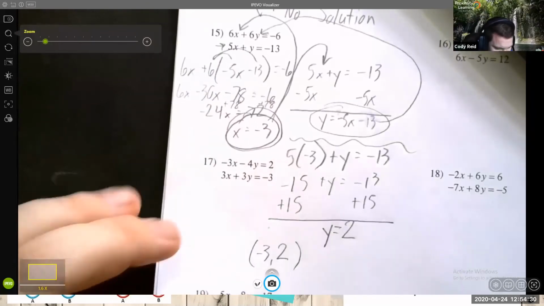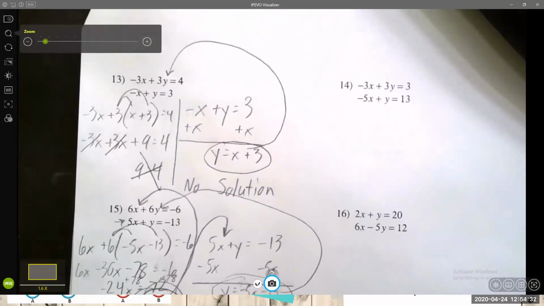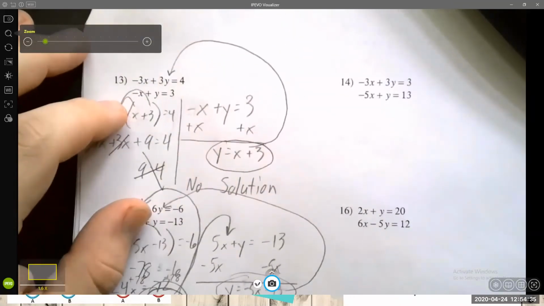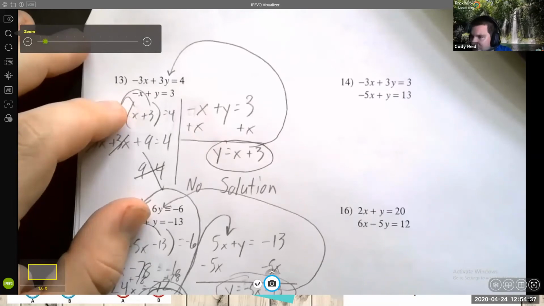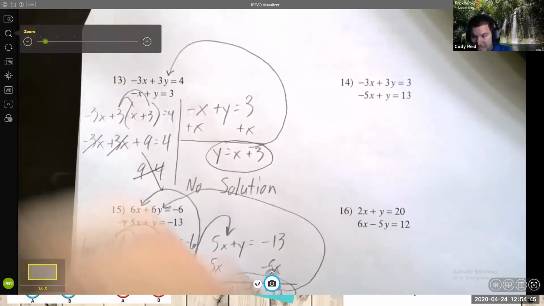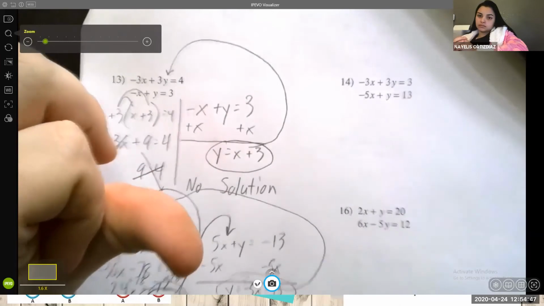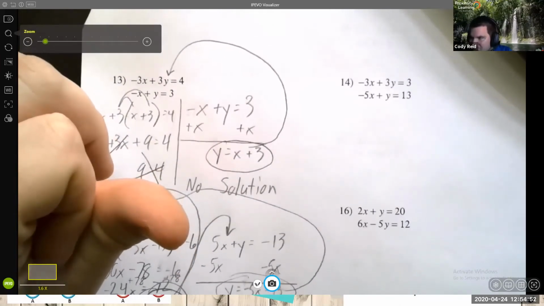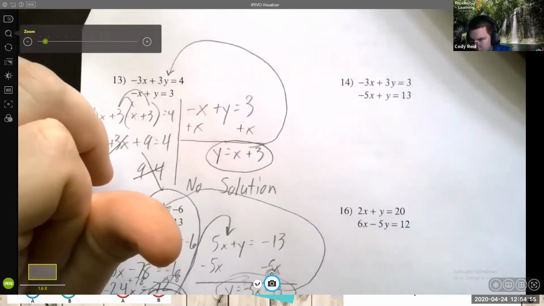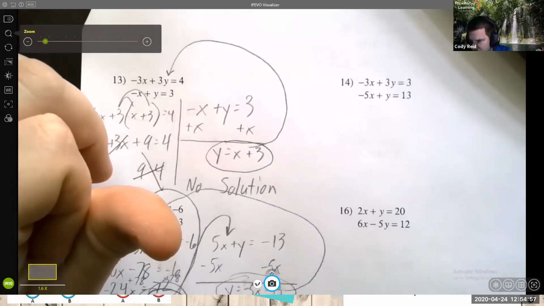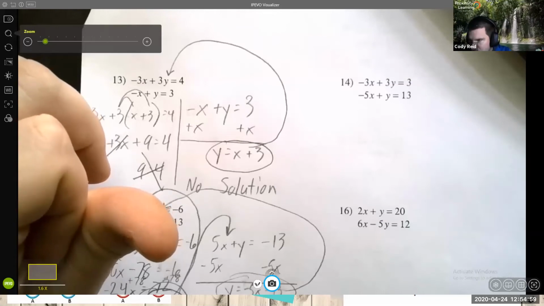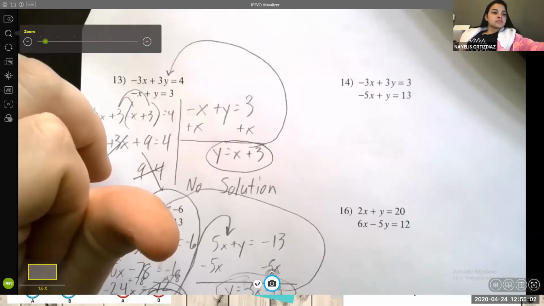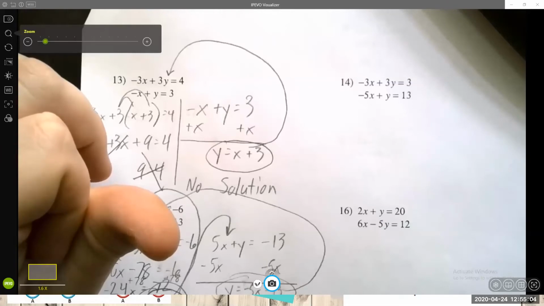As for how you know which method you have to use, it's based on the instructions. Unless I tell you, you pick one. Let me look at the assignment real quick. I think I set it up where you had to use each method at least once. Graphing. Oh, that's all graphing. I couldn't find the graph paper the assignment said to use.